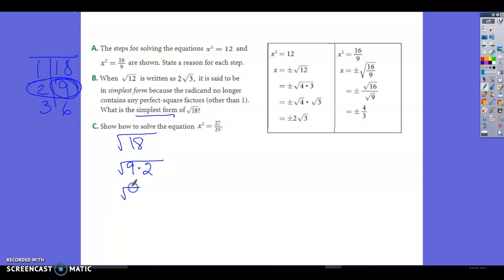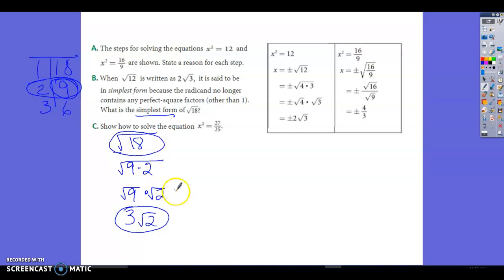And then I can rewrite that as square root of 9 times square root of 2 using the previous property of multiplication. So the square root of 9 is 3, and the square root of 2 is still square root of 2. So the square root of 18 can be simplified into 3 square roots of 2, okay?